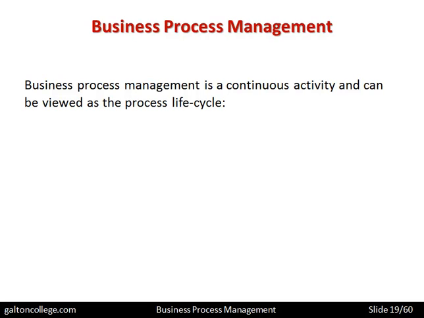Business process management is a continuous activity and can be viewed as a process life cycle. Now, you'll see from other classes on the course what's meant by the life cycle, and you should be familiar with this by now. So in this case, it's a process life cycle.